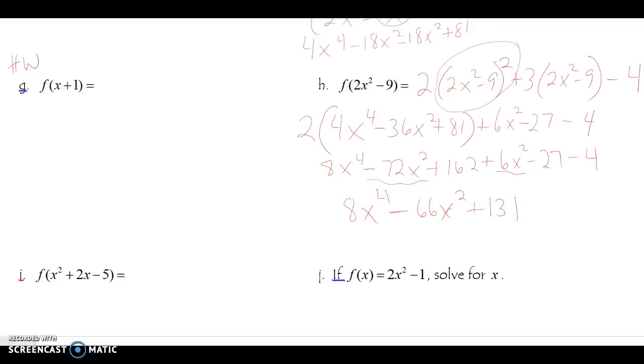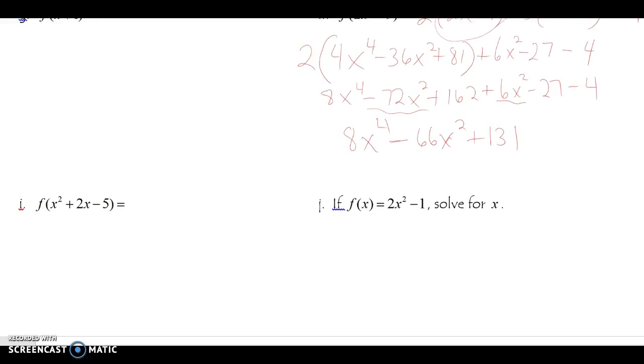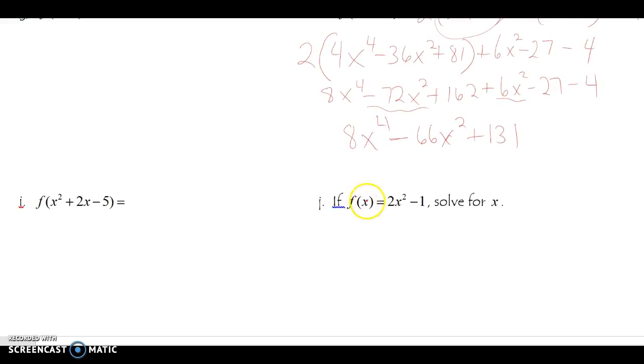Okay, the last example we're going to do is J. And now notice we don't have something for x, we have what the function value will equal. So we set our original function equal to that expression. So now we have an equation that we have to solve for x.